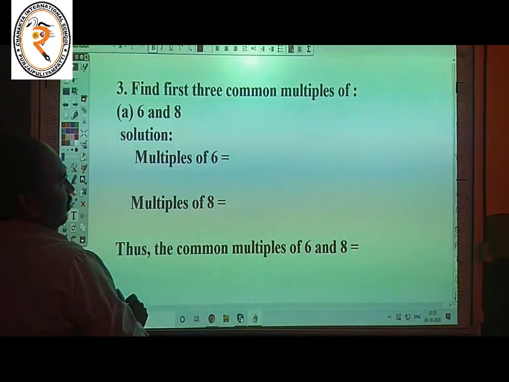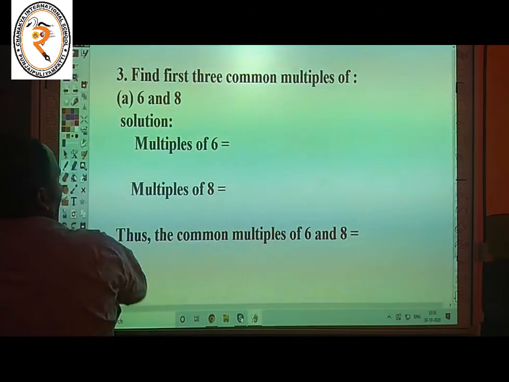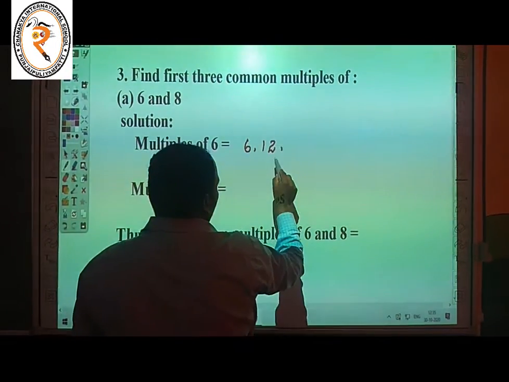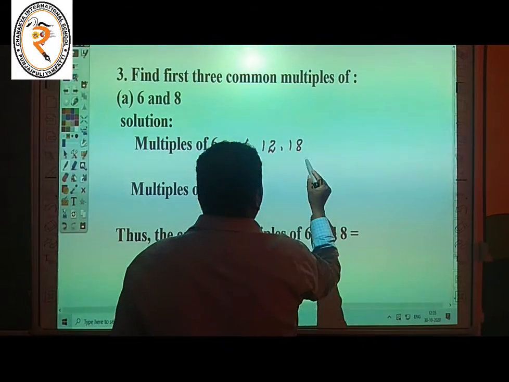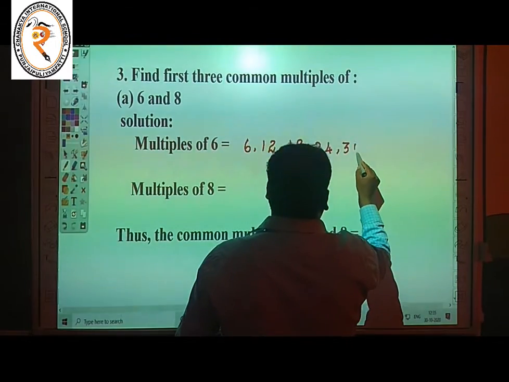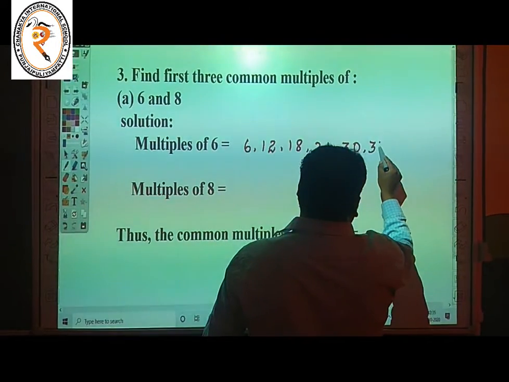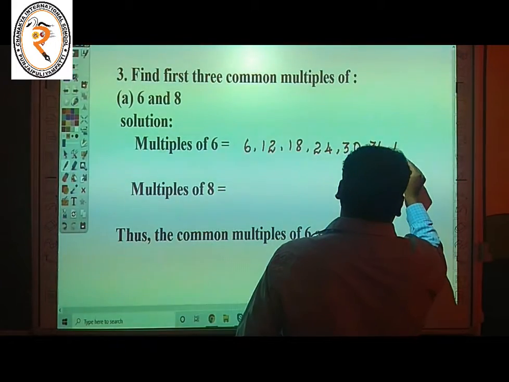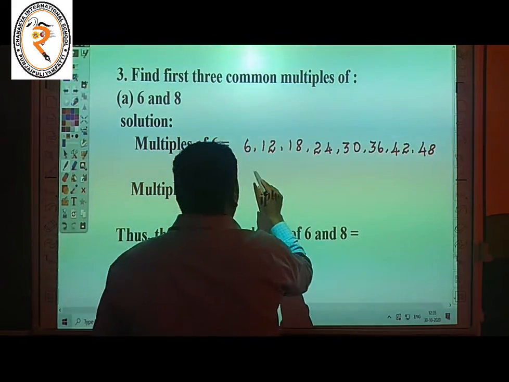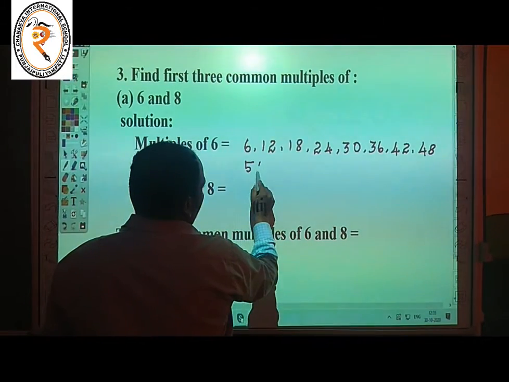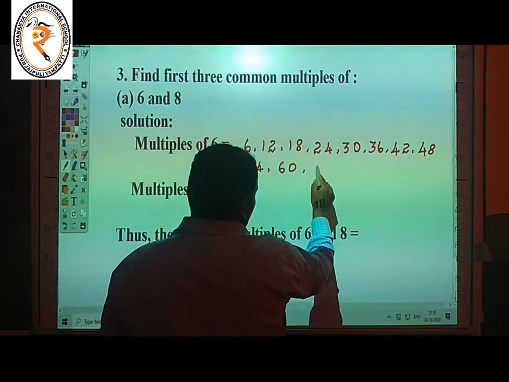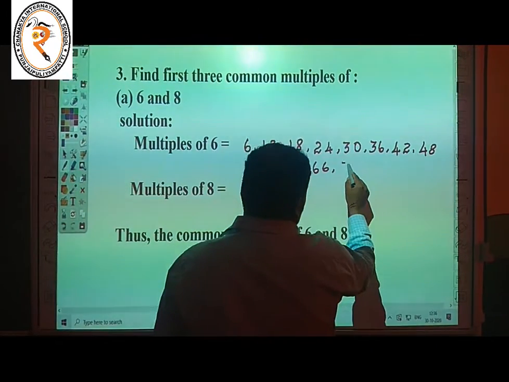Multiples of 6 is equal to 1 6 is 6, 2 6 are 12, 3 6 are 18, 4 6 are 24, 5 6 are 30, 6 6 are 36, 7 6 are 42, and 8 6 are 48, 9 6 are 54, 10 into 6 60, 11 into 6 66, 12 into 6 72.